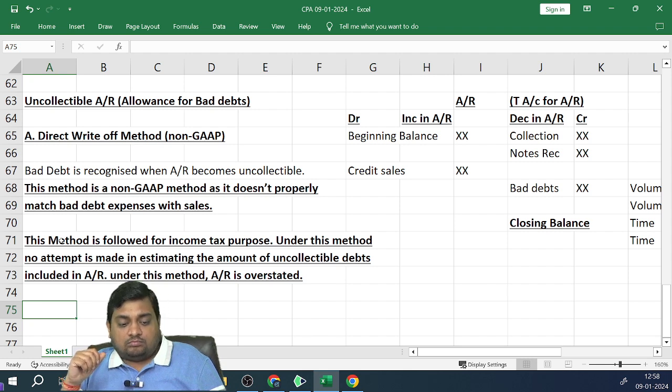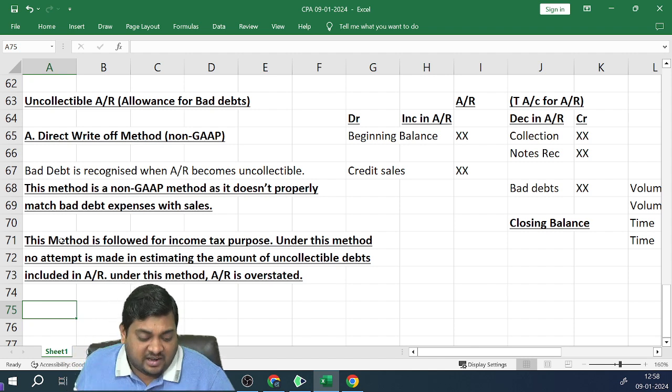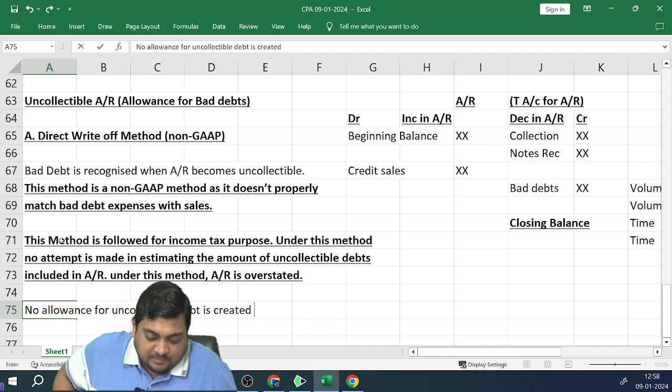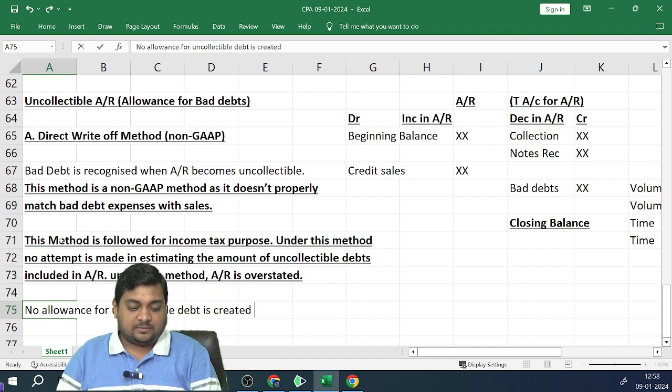So under this method, no such provision is created. No allowance for uncollectible debt is created, right?